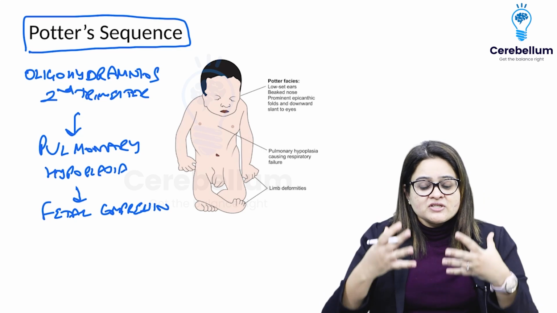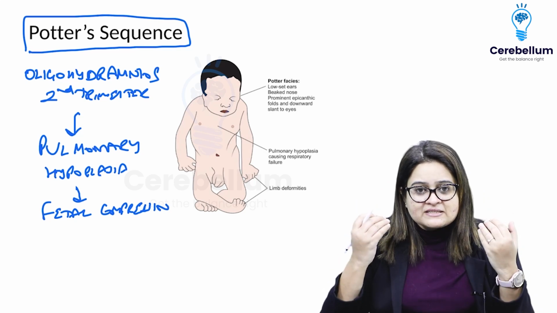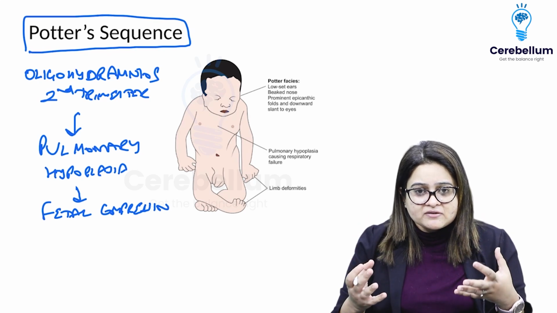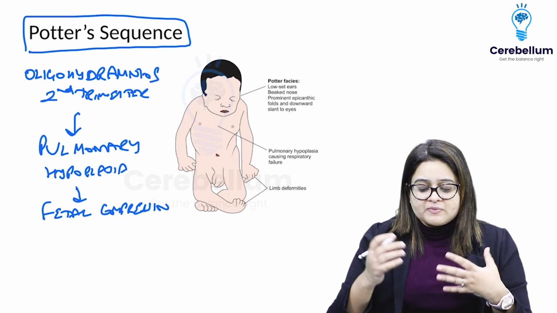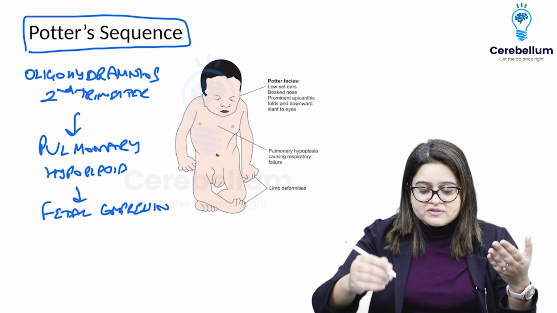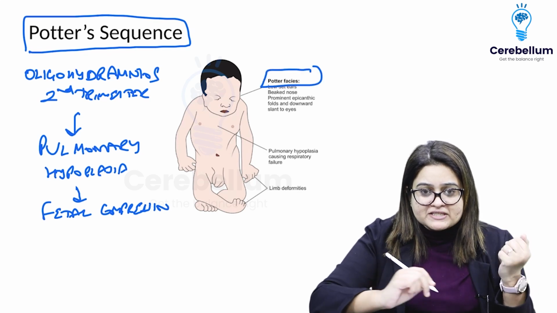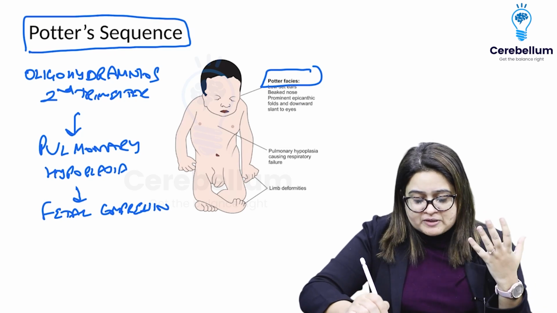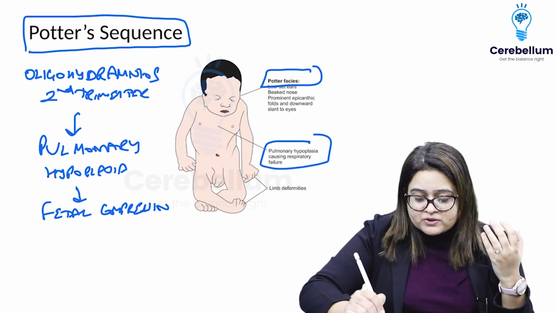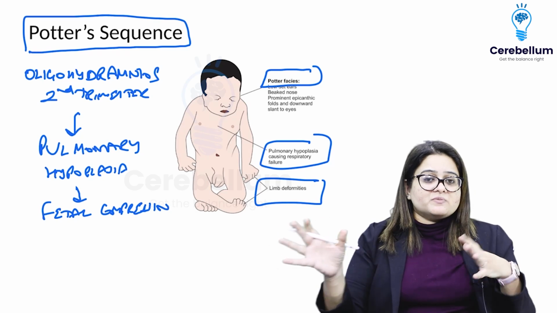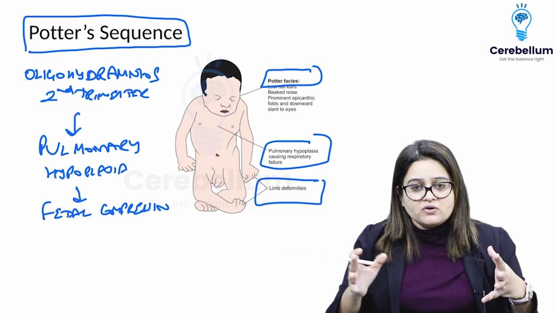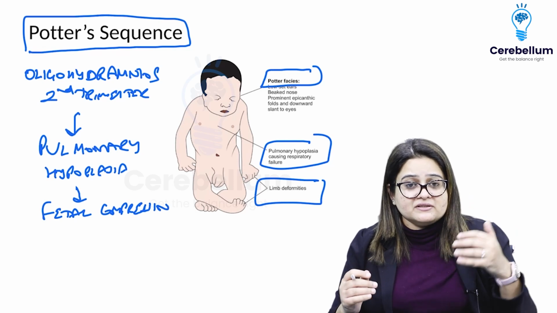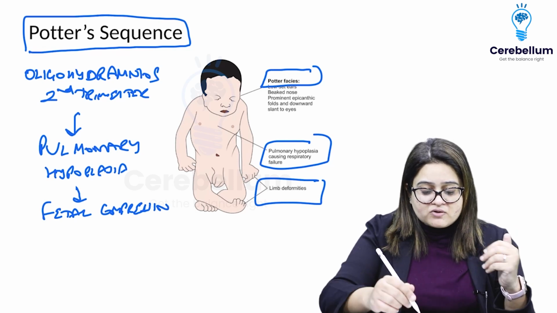Okay, there are facial defects like low set ears, there'll be a beaked nose, there'll be prominent epicanthal folds, and of course there's pulmonary hypoplasia. So what is Potter sequence? You have Potter facies, that is a compressed looking face, you have pulmonary hypoplasia, and you have limb deformities because the baby has no space at all for any sort of movement, and that too very early on in the second trimester. So this is called Potter sequence.